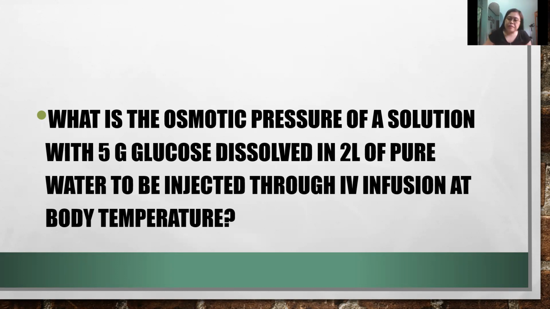So, chemical formula for our glucose, it's C6H12O6. Okay, I'll wait also for your answers.